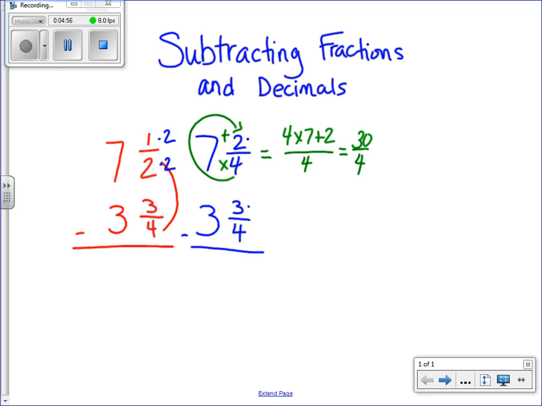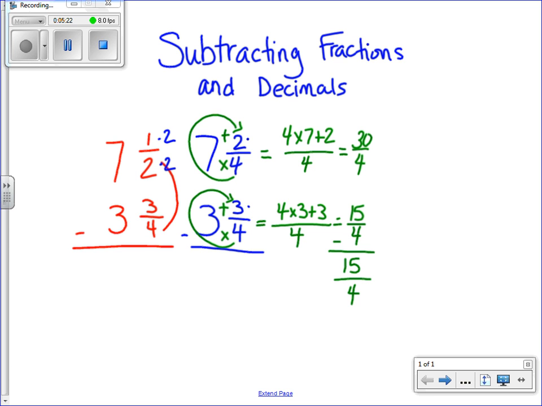Make that improper. Do the same here, so that's basically 4 times 3 plus 3, save over 4. 4 times 3 is 12, plus 3 is 15 over 4. Now can I subtract them? Well, yes, now I can, because now I have 30 minus 15, which is 15. Denominator stays the same.